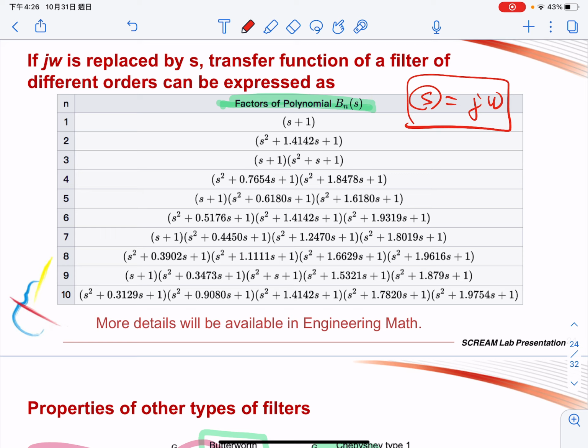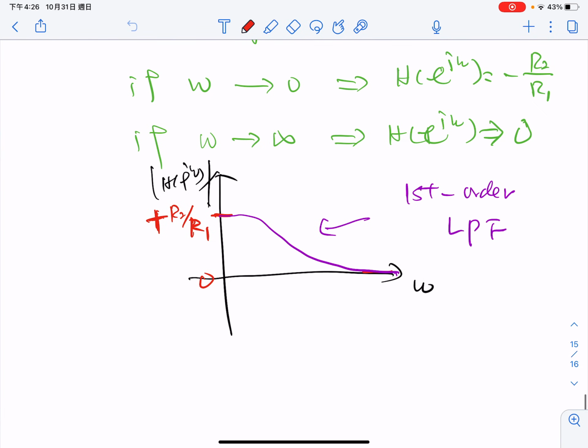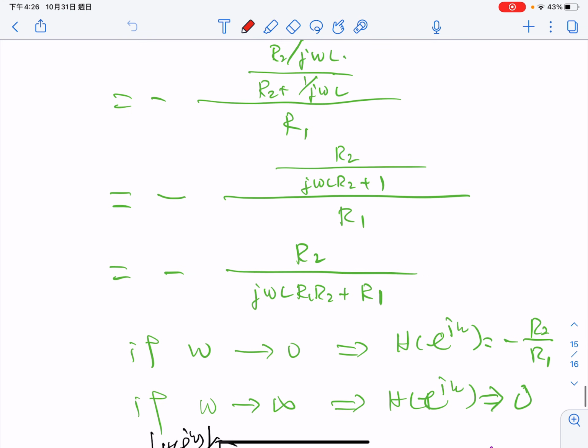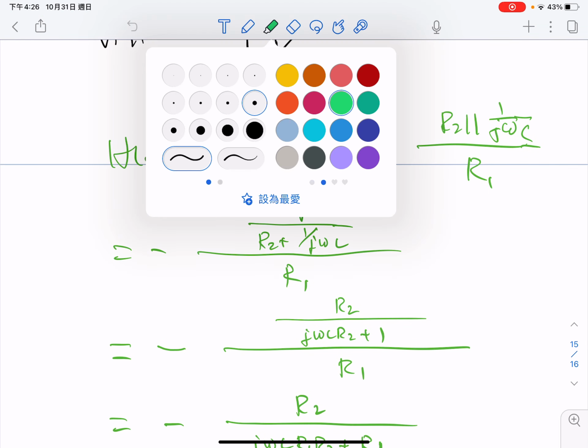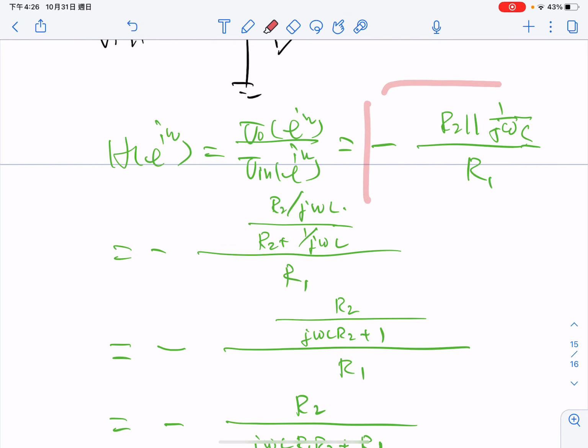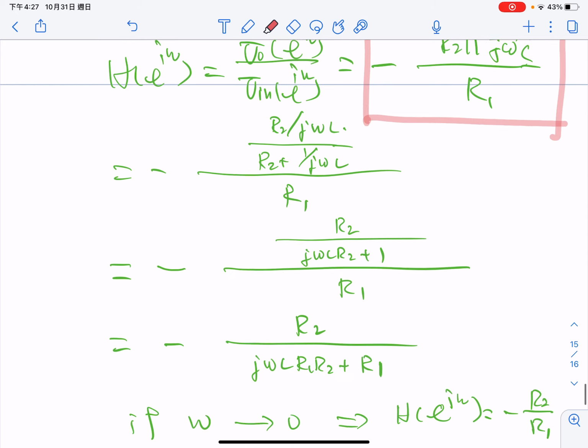Okay, so let's go back to the original note, my handwriting note. As you can see, in my handwriting note, for example, I use this one as my example. If I use this one as my example, I no longer use j omega C, no longer use j omega, I use s, okay.